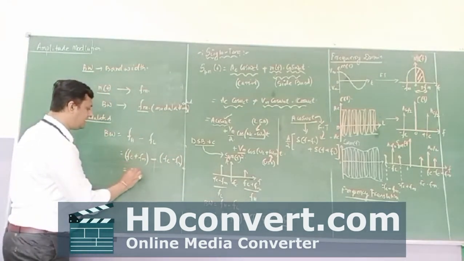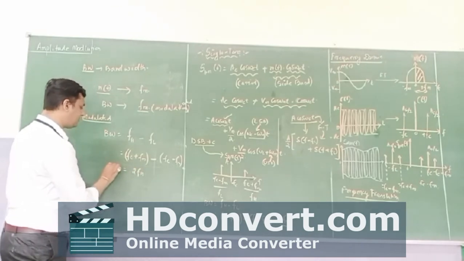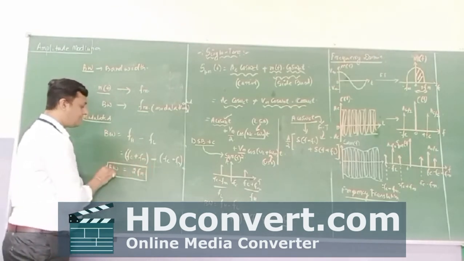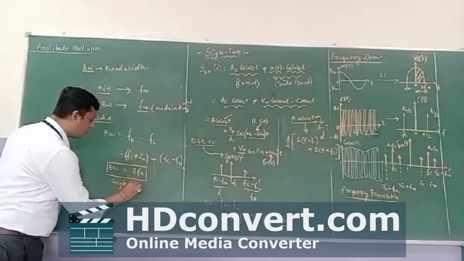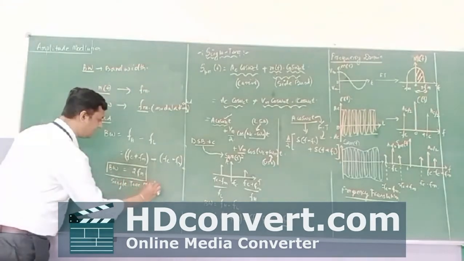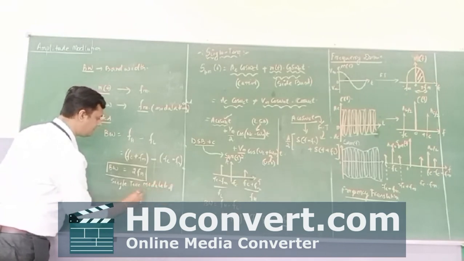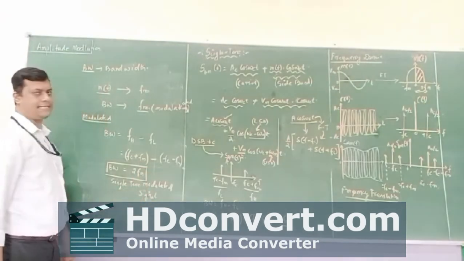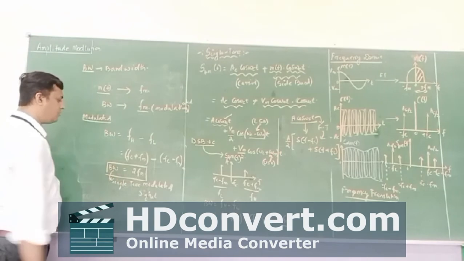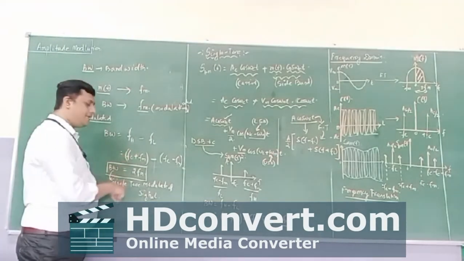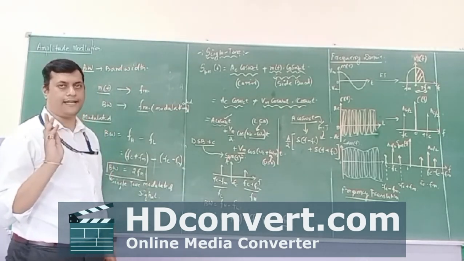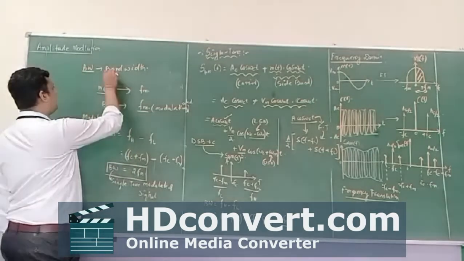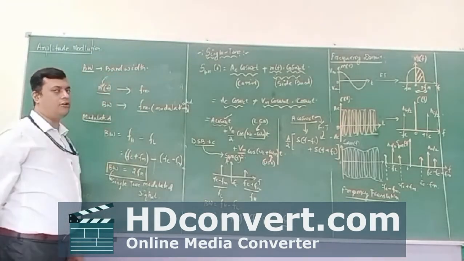If you solve this, you will get twice Fm. So this is the bandwidth of a single tone modulated signal. Why? Because in this modulation we have used only one frequency component, or one modulating signal. So this is the basic representation of the modulating signal and modulated signal.